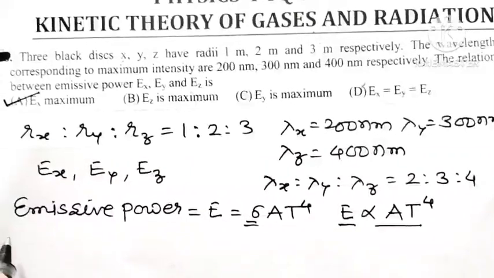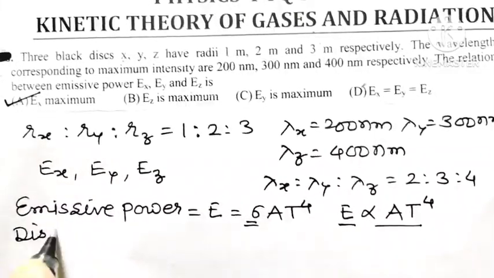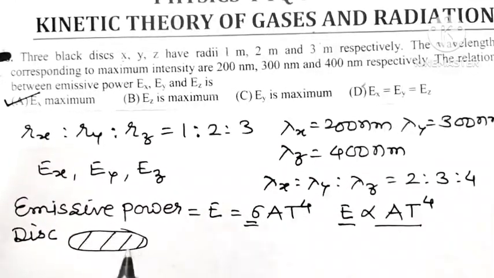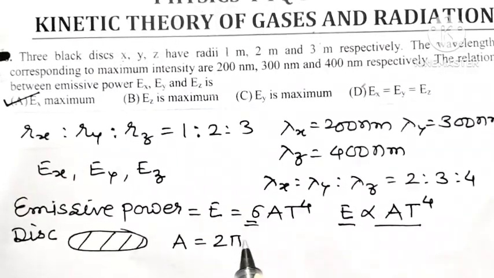Now as far as the disc is concerned, a disc has two faces. The area of one face is pi r square, and because it has two faces, the area of disc is equal to 2 pi r square.